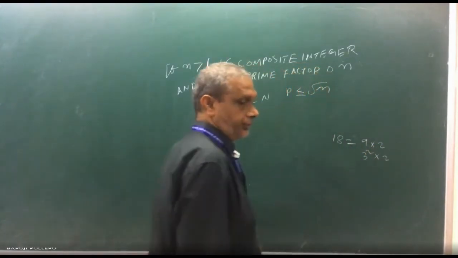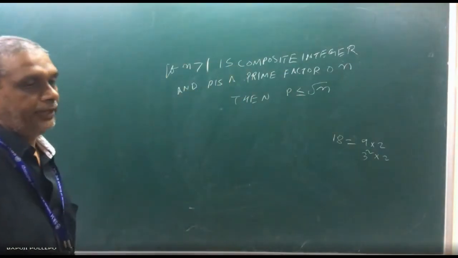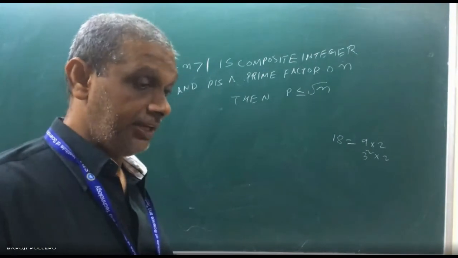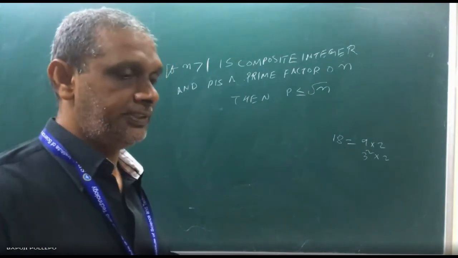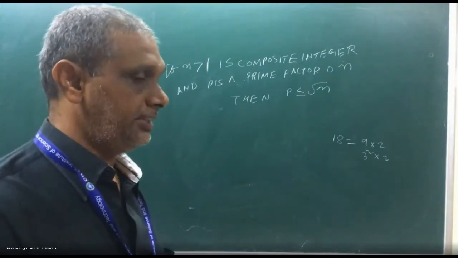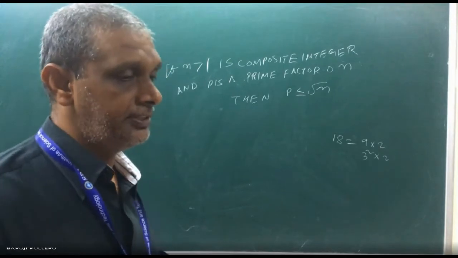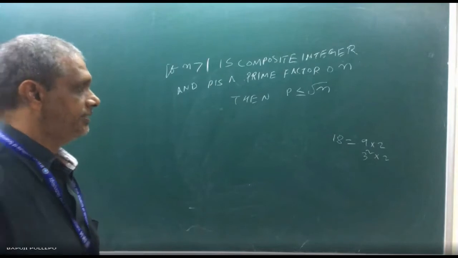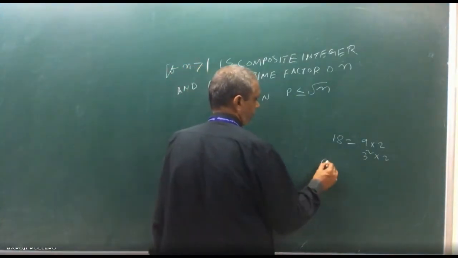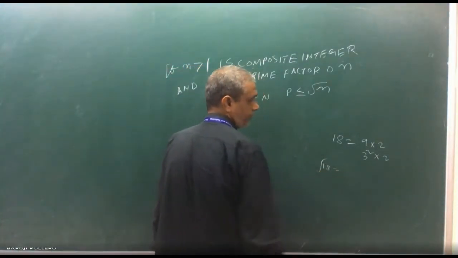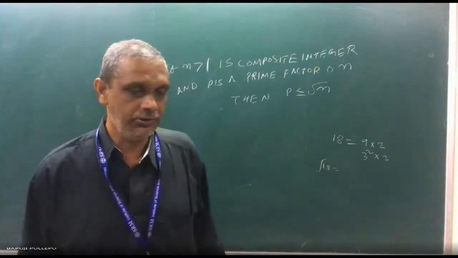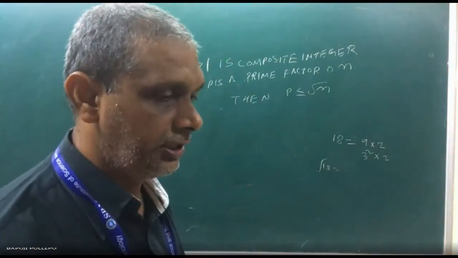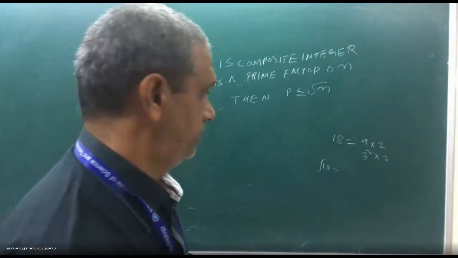So suppose n is a composite number. If p is a prime factor of n, then p is always less than or equal to root n. See, obviously, if you take root 18, what do you get? 4 point something.